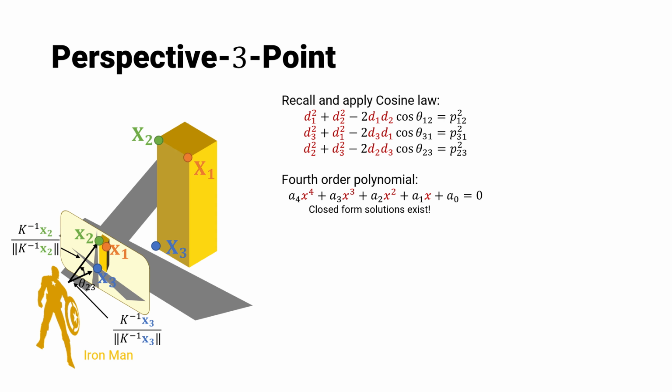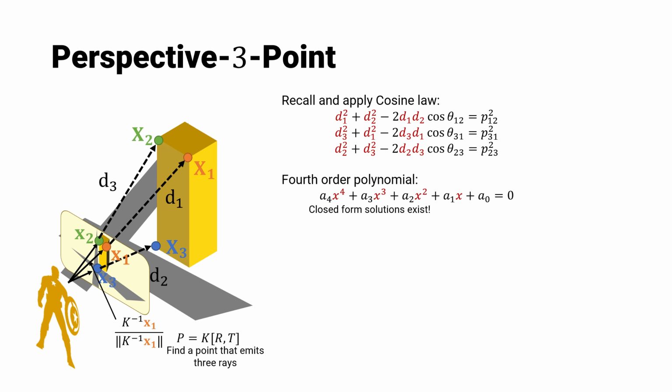Just to quickly recap, we basically used the projection equations of three world points, and we applied the cosine law between the three world points and the image center. When we combine all of these together, it becomes a fourth order polynomial equation where solutions exist.